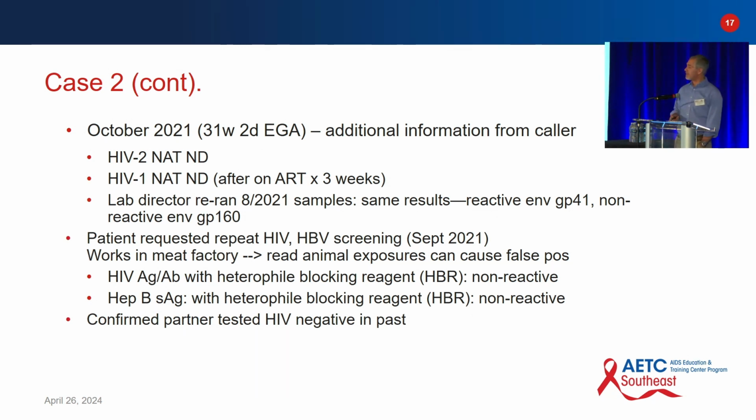And she had read that exposures to animals can sometimes cause false positive results. And sure enough, when the lab director repeated the HIV and hepatitis B testing at that point, using something called a heterophile blocking reagent, which I'll talk about more in just a couple slides, both of those came back negative. Moreover, she reported that her partner had been tested for HIV at that point and was negative.